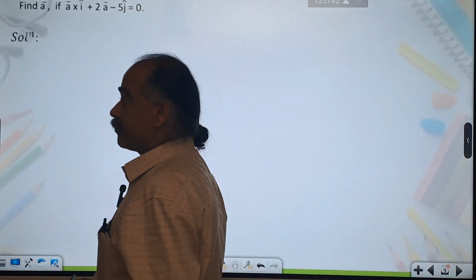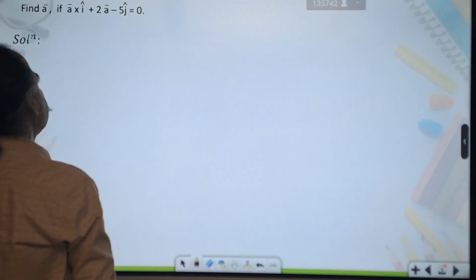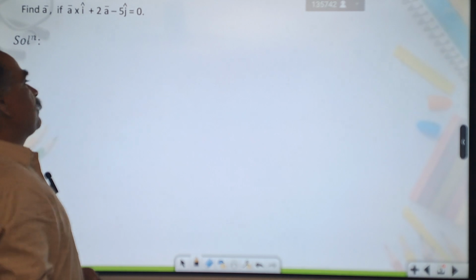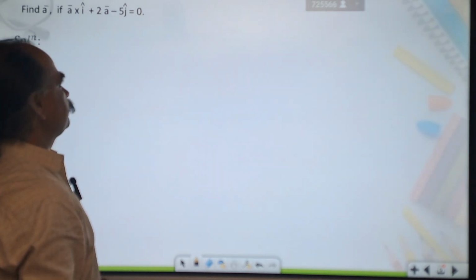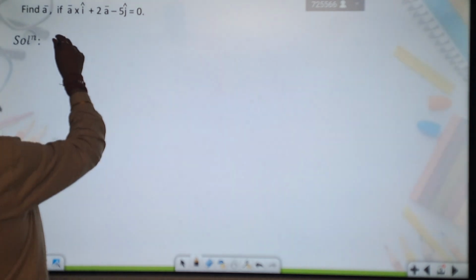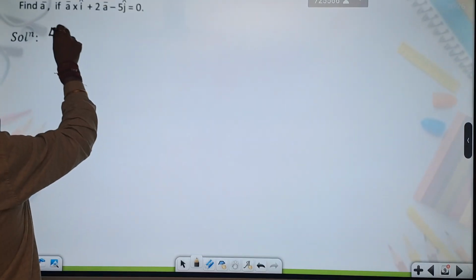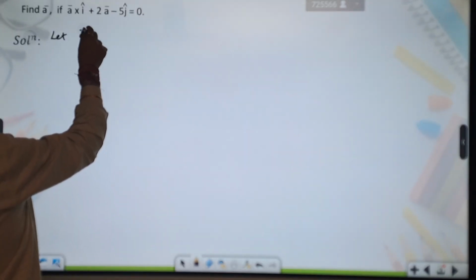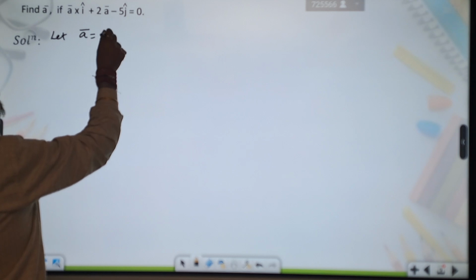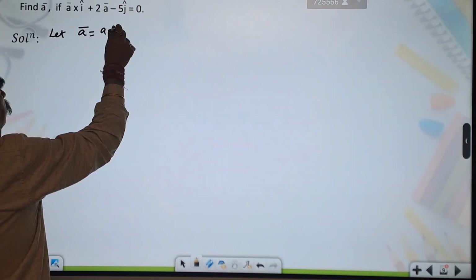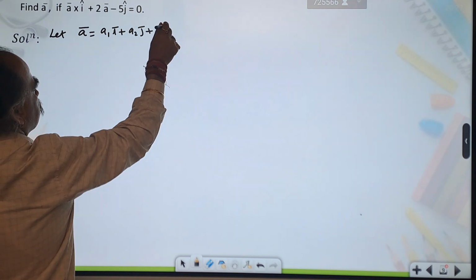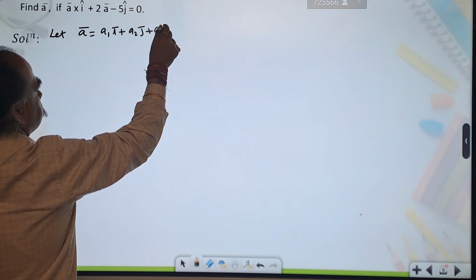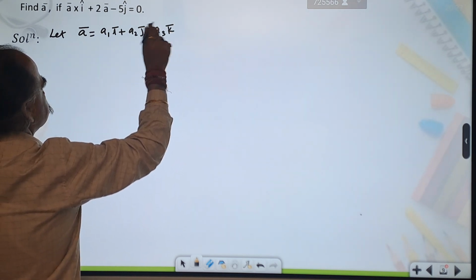Next problem is find a bar if a bar cross i bar plus 2a bar minus 5j bar is 0 bar. Let a bar be a1 i plus a2 j plus a3 k.